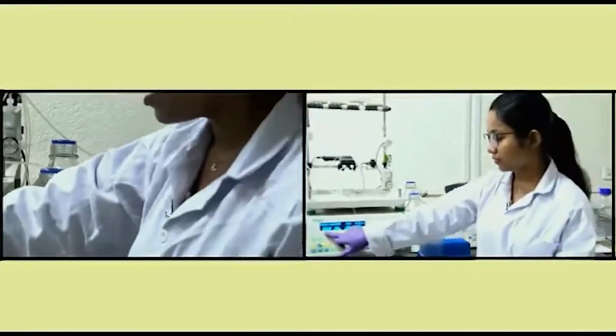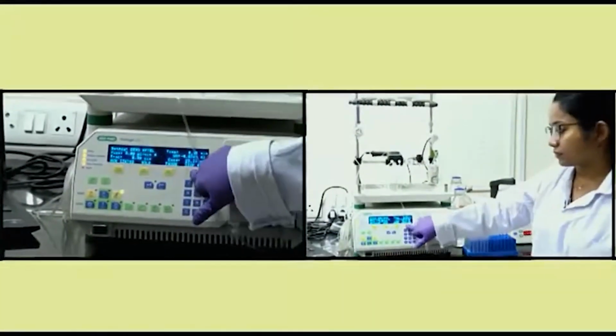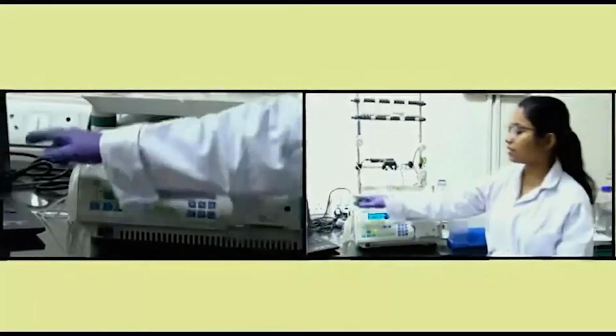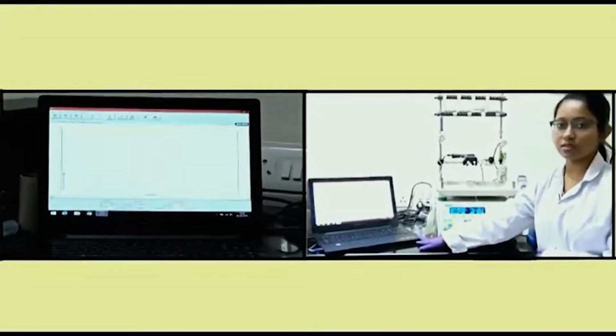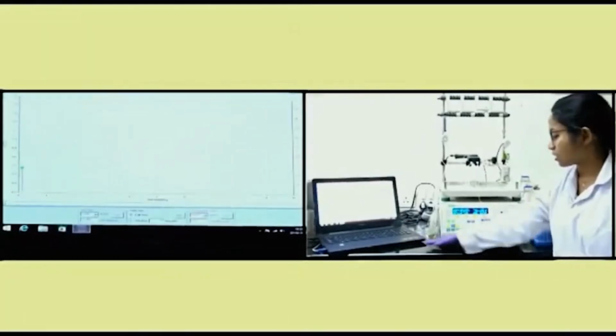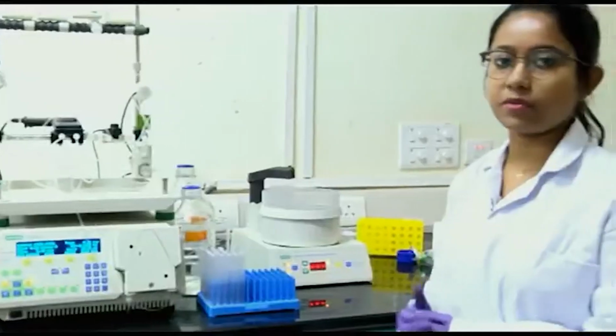Now I will start running the method here, and in the monitor it will start recording all the parameters, that is the UV and the conductivity. Now we have to wait and see in which fractions my protein is coming out.